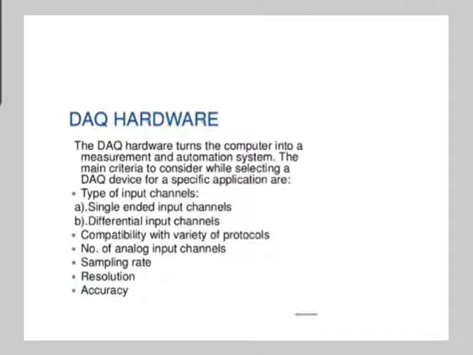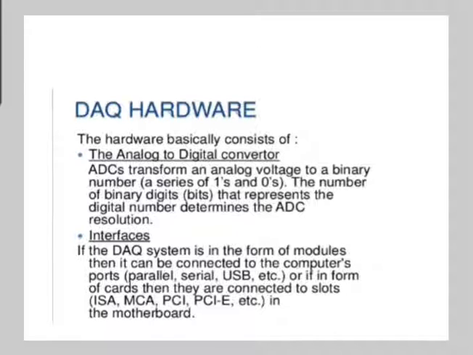And the main criteria to consider while selecting a DAQ device for a specific application are typical type of input channels: single-ended input channel, differential input channel, compatibility with variety of protocols, number of analog input channels, sampling rate, resolution and accuracy.